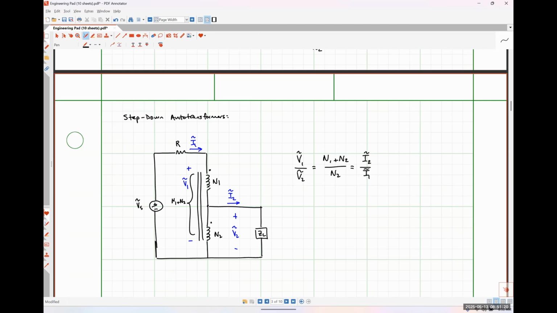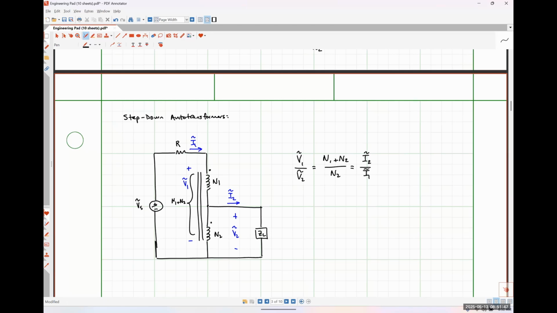So it is always cheaper to have an auto transformer than a traditional 2-winding transformer because it costs less money to produce it. An auto transformer also happens to be more efficient. It will operate at a higher efficiency than a traditional transformer because you're going to lose less energy because you're only having to energize one coil, okay?